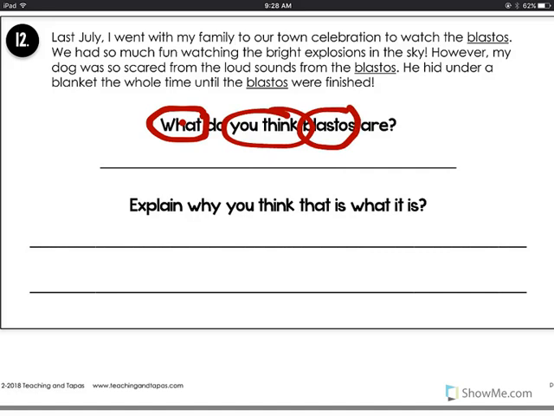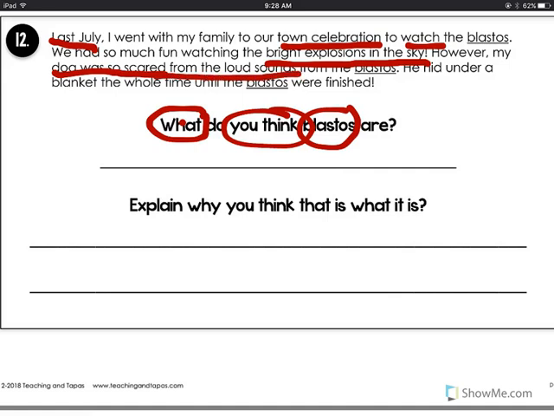So I've got to look for clues. So, oh, it happened last July. That might help. Oh, it was a town celebration, so it wasn't just my family. So it sounds like there's a lot of people there. They're watching something. Oh, there's bright explosions in the sky. In the sky might be important. Oh, the dog was scared from the loud sounds.